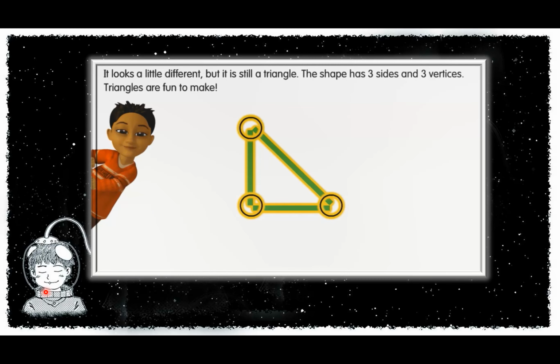So here you can see you can make shapes. Here they have made a triangle. If I want to make a triangle, I should know that a triangle has 3 straight sides and 3 vertices. If I know this about the shape, I can easily make a triangle.